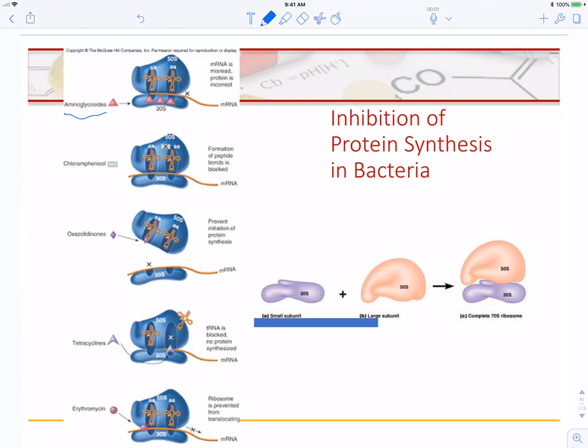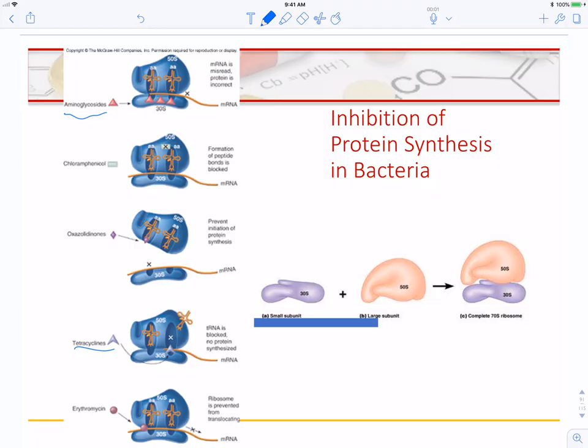Other antibiotics bind at different sites and so interfere with assembly of the ribosome and initiation of protein synthesis. Tetracyclines bind again to the tRNA binding portion of the 30S, and so no protein is made.